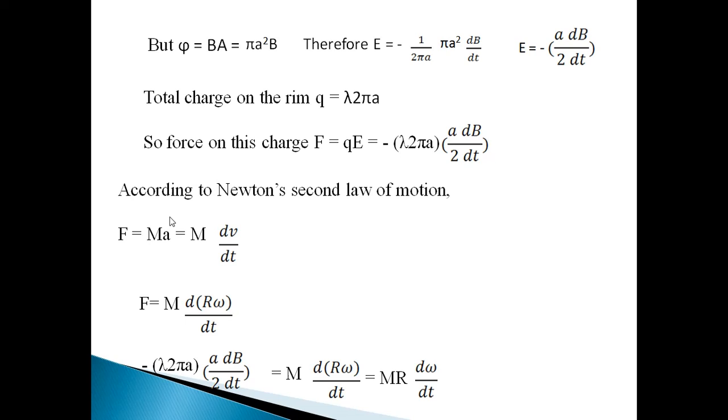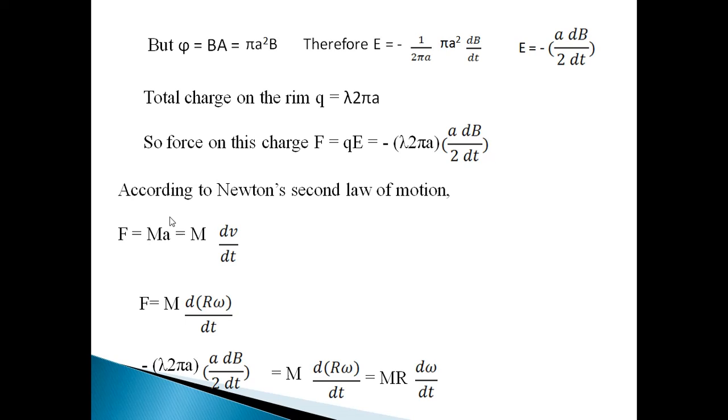But for rotational motion, we know v equal to r omega, where r is the radius of the wheel and omega is the angular velocity. So F becomes equal to m into d by dt of r omega, and when you make the substitution, you get minus lambda 2 pi a by 2 dB by dt equal to m into d by dt of r omega.